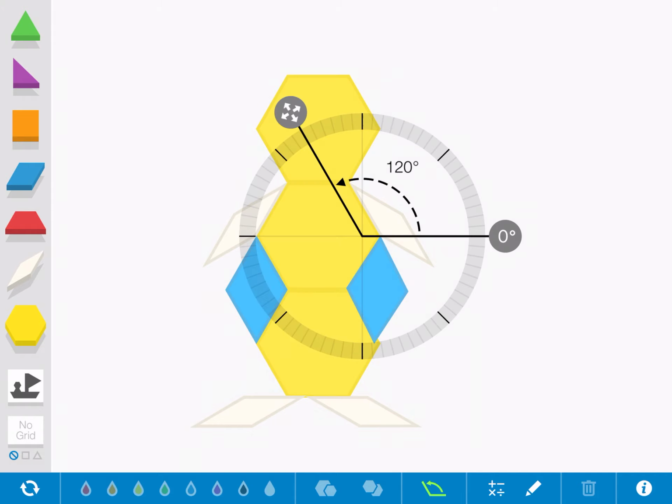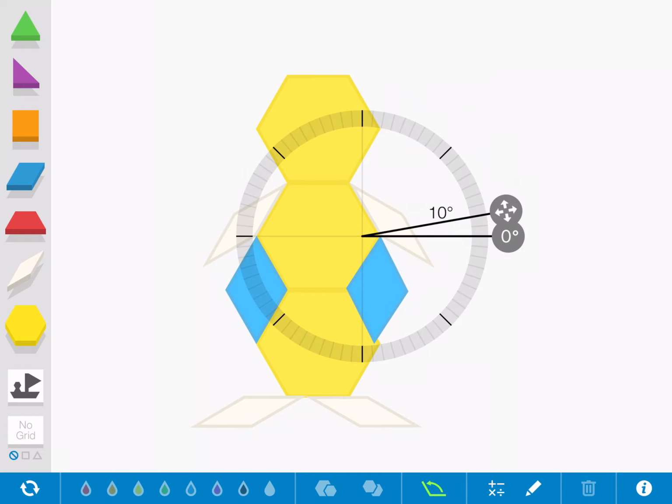Now, this is a full circle protractor. It goes all the way around to the 360 degrees. So usually the protractors we've been using on ClassKick are 180, half of the circle. So just kind of keep that in mind. But this is a really fun tool for us to use.